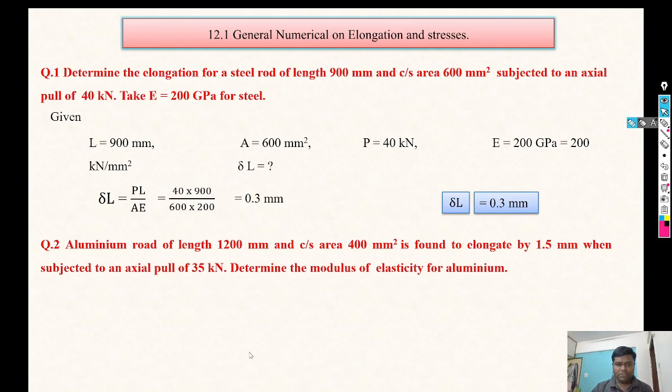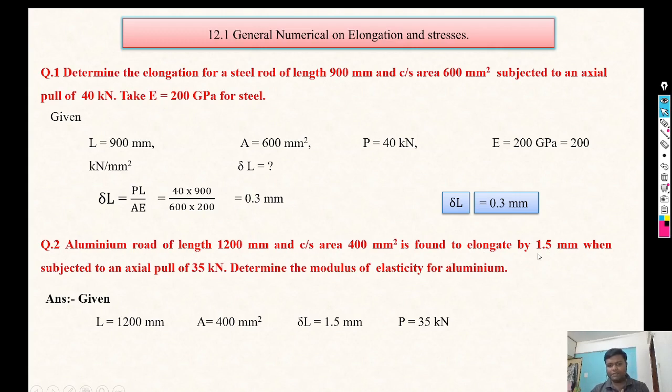Okay, so let's see. L is given, aluminum rod having length 1200 mm, cross sectional area A is given 400 mm square, and it's found to elongate by, so change in length is given, that is 1.5 mm, and the axial pull is 35 kilonewton, and we require the modulus of elasticity.